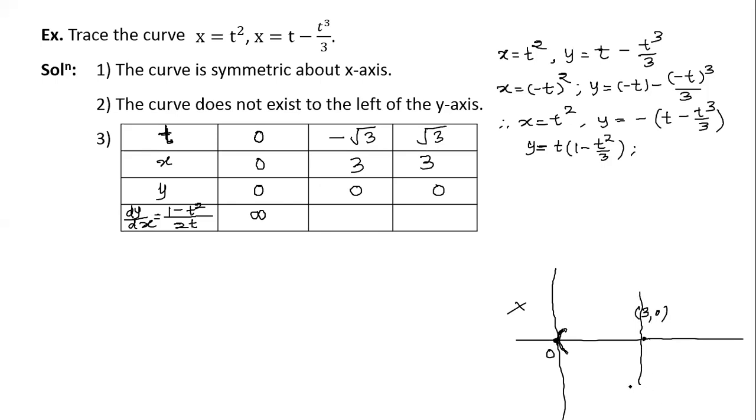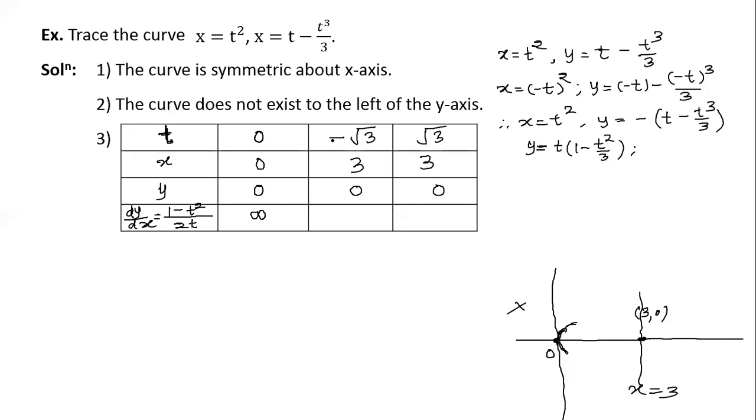So this is the line x equal to 3. What is going to be the situation next? The curve is going to touch the point x equal to 3 and y equal to 0, but what will be the angles? For that, let us find dy by dx at that point.